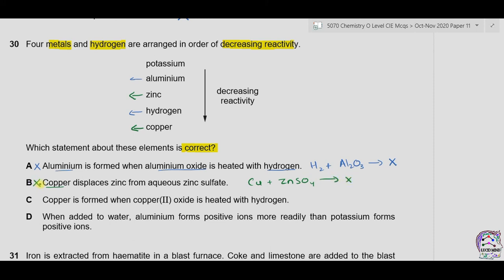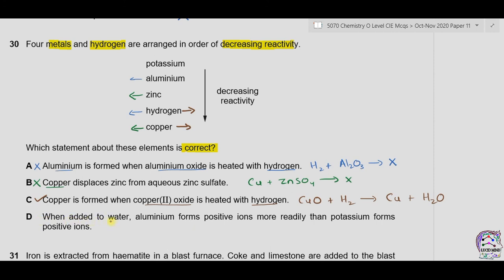So B is also incorrect. C. Copper is formed when copper 2 oxide is heated with hydrogen. Now as hydrogen is more reactive than copper, when copper oxide is heated with hydrogen, it forms copper metal along with water. So C is correct.